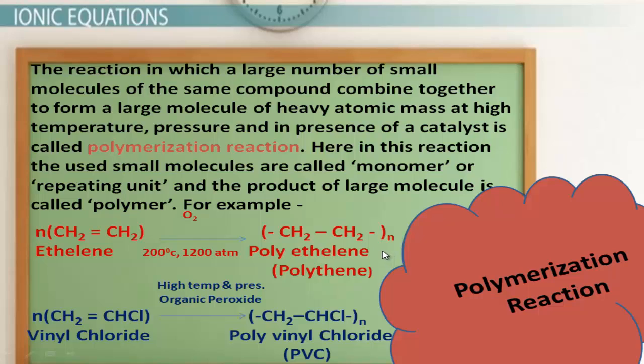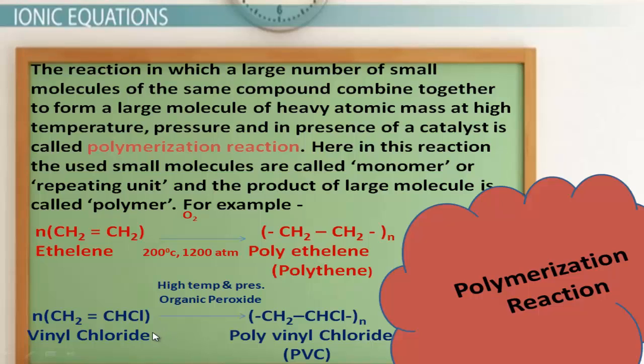This is called polymerization reaction, and the reactant molecule is known as monomer or repeating unit, and the product molecule is known as polymer. For example, here the reactant monomer is ethylene, so its product will be polyethylene. In short we call it polythene, which we use as grocery bags, you have seen. So this polythene is actually a polymeric substance.